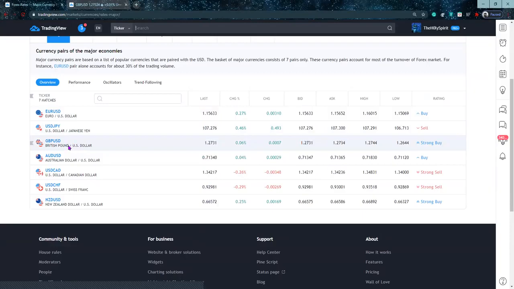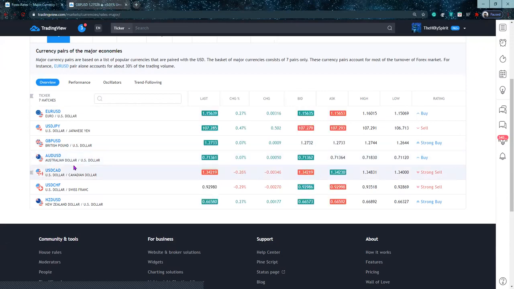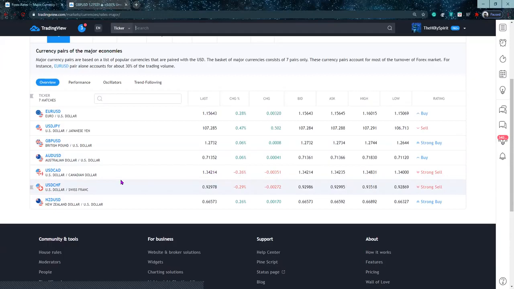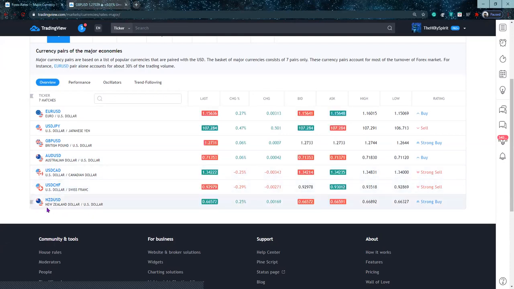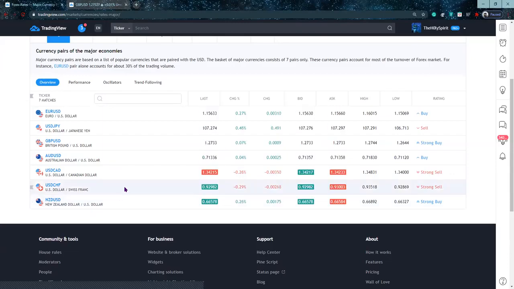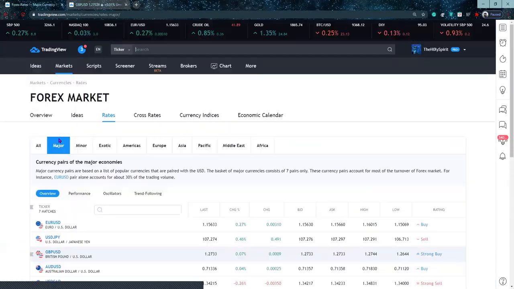The Great British Pound versus US dollar, AUD USD, which is the Australian dollar versus the US dollar, USD CAD, which is the US dollar versus the Canadian dollar, USD CHF, well, I call it chef, but it's USD CHF, or the Swissy, and that's the US dollar versus the Swiss franc. NZD USD, the Kiwi dollar, also known as the New Zealand dollar versus the US dollar.